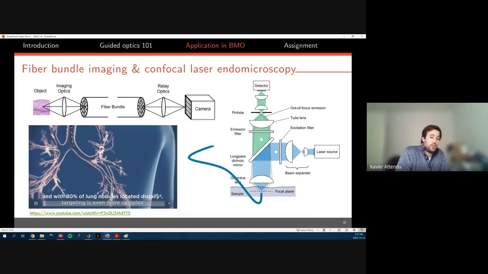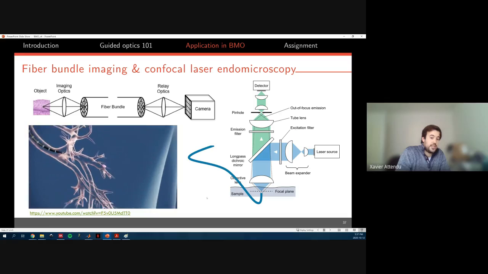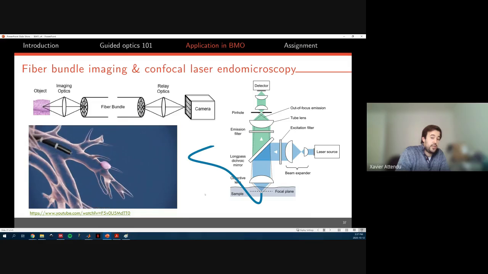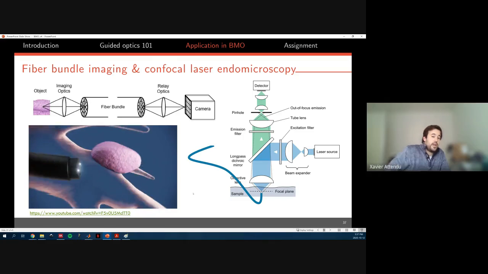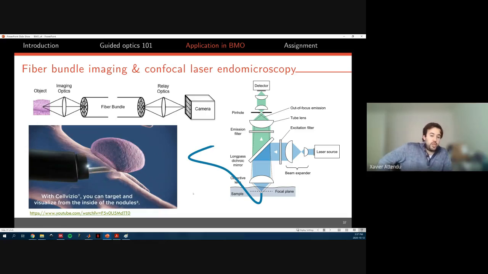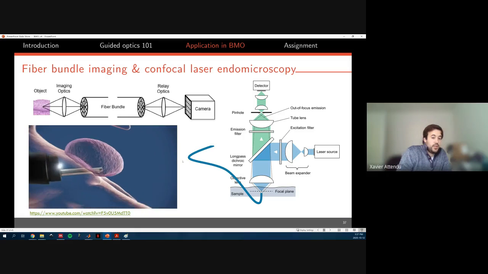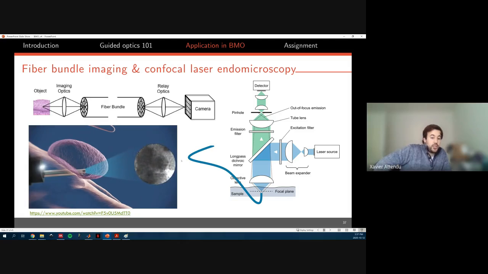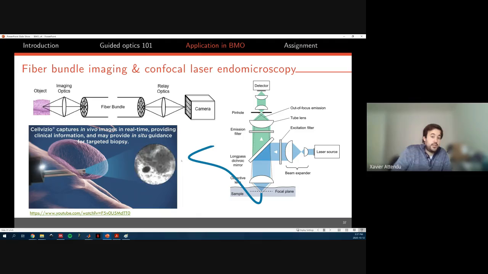Okay, so just to give you a little example of this, this is an image from a company, Cylindrical, and they do lung imaging, where the fiber bundle is located inside this needle. And you can use this to image individual cells. So this is fiber bundle based confocal laser endomicroscopy.